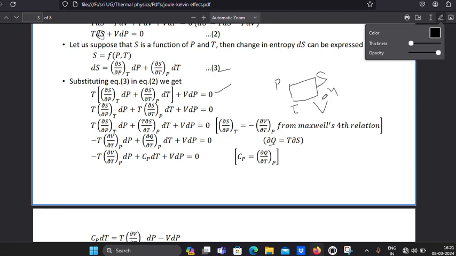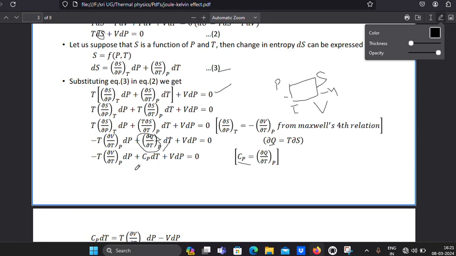So this is the fourth equation. Fourth equation and first equation are always minus, so this minus term has come. Now this is called Cp, right? Cp is equal to ∂Q/∂T at constant P. That is why this is changed like this, Cp dT.